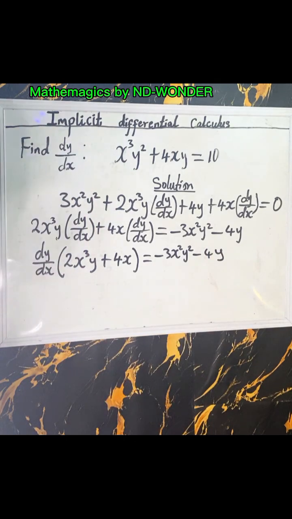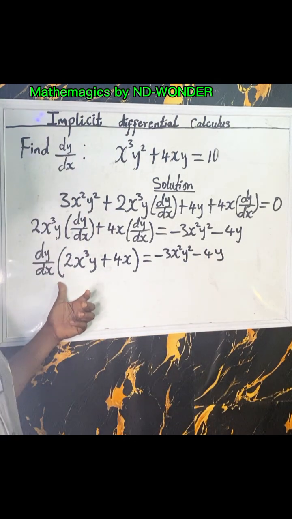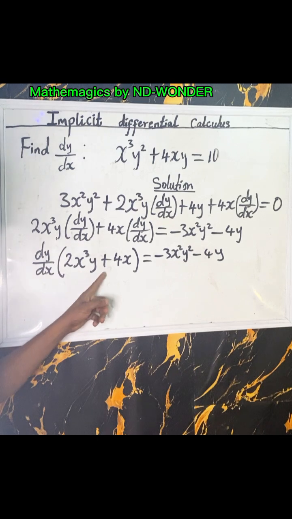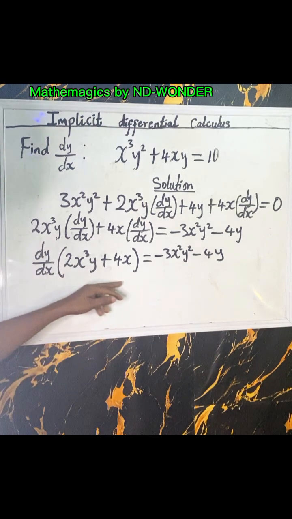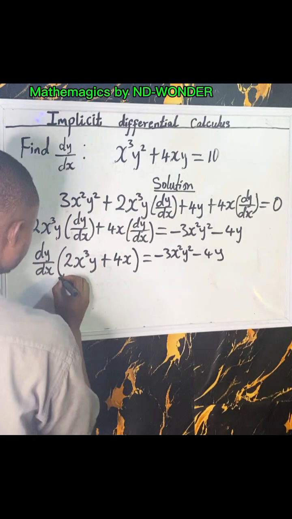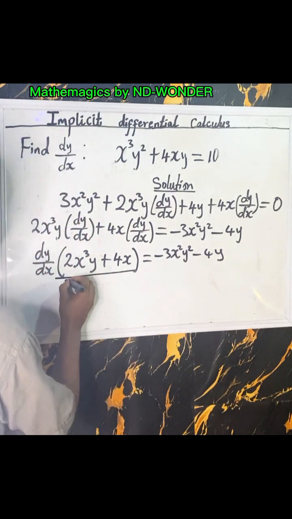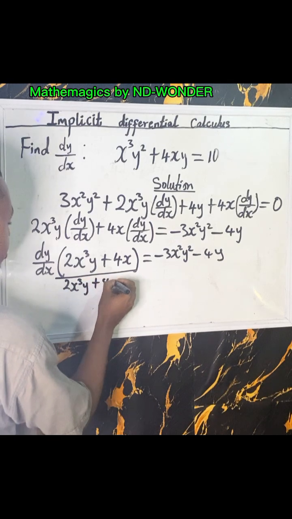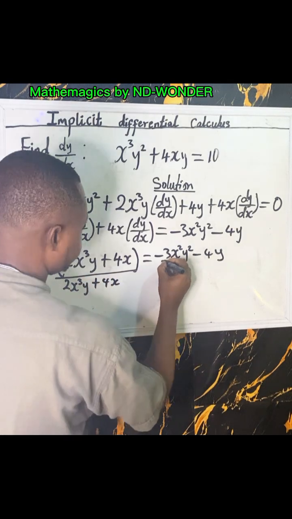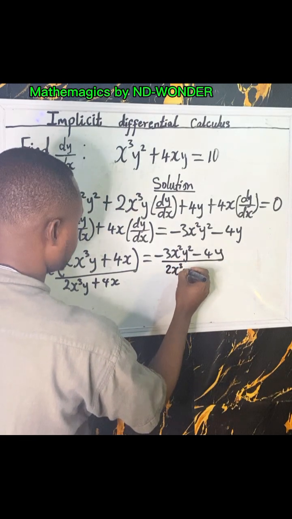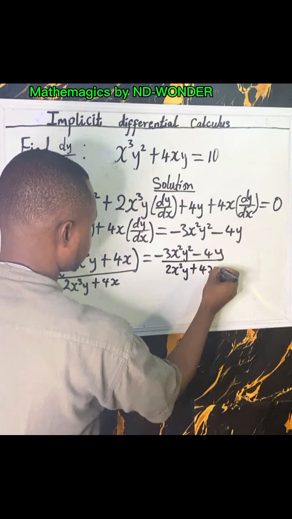What is the next approach? We will need to divide both sides by the coefficient of dy dx, which is 2x cubed y plus 4x. So when they are divided, we get the value of dy over dx. 2x cubed y plus 4x over 2x cubed y plus 4x.